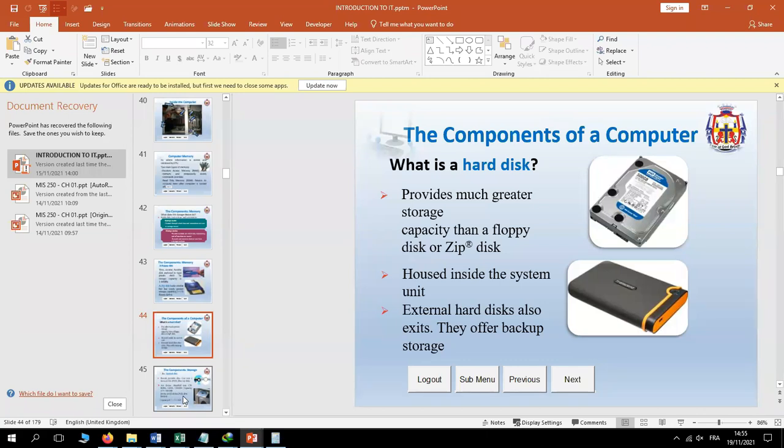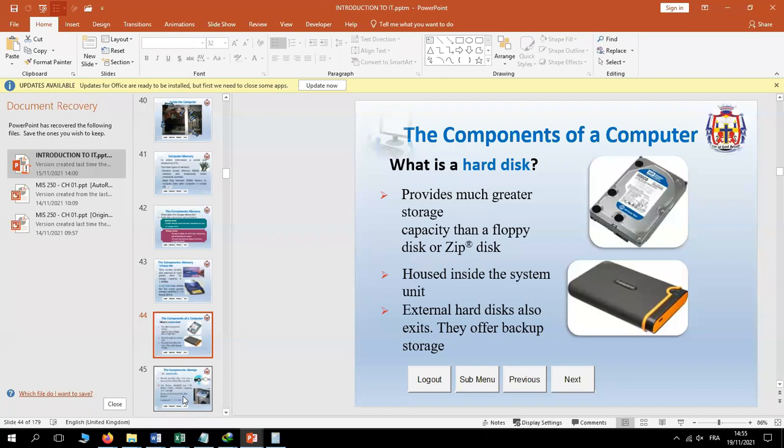For the internal disks, they are always inside the system unit in the case of desktops, whereas for the laptops, they're not in a system unit, but they are installed on the board, okay?